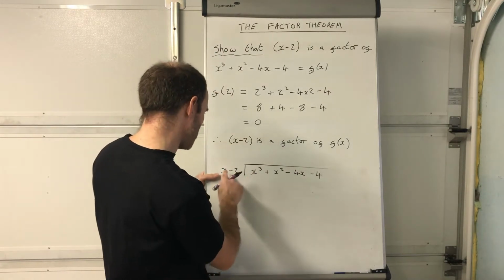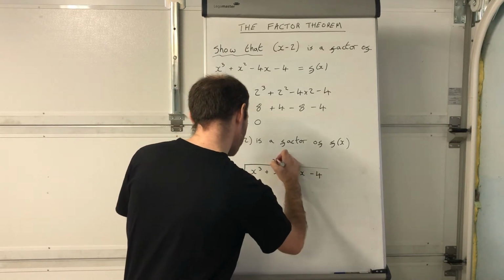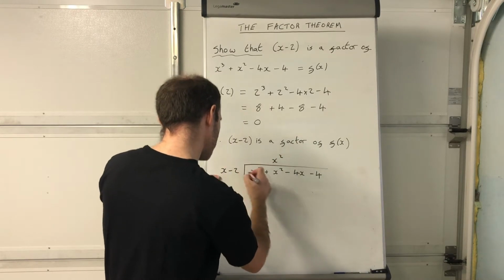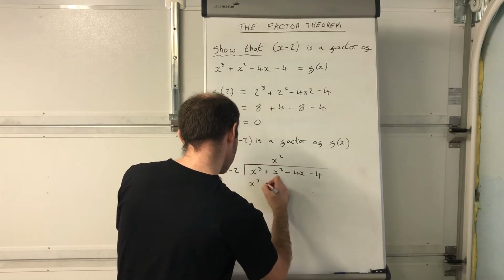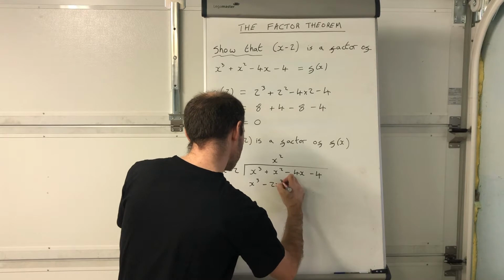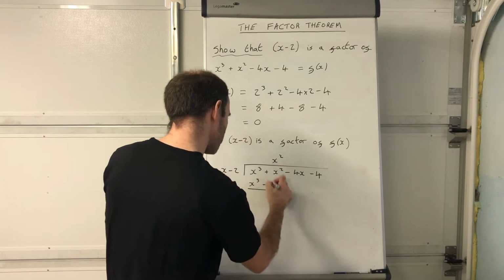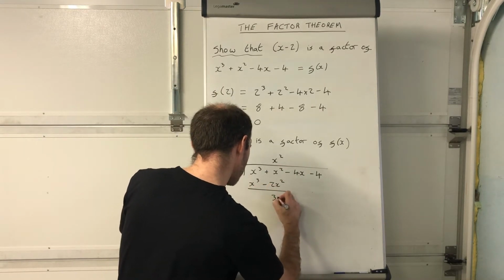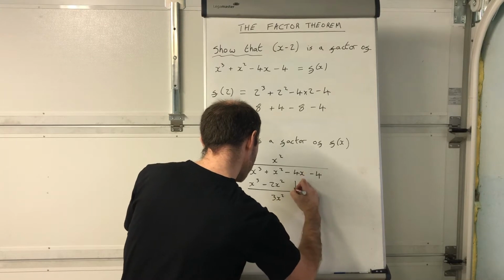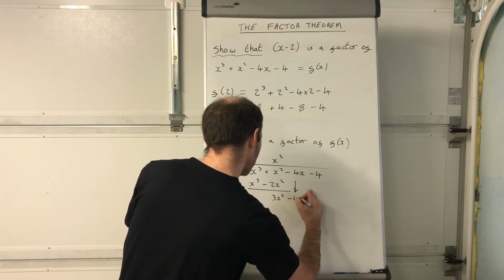So x times x squared gives us x cubed. x squared times x minus 2 gives us x cubed subtract 2x squared. Find the difference. That subtract that is 3x squared. Bring this down, so subtract 4x.